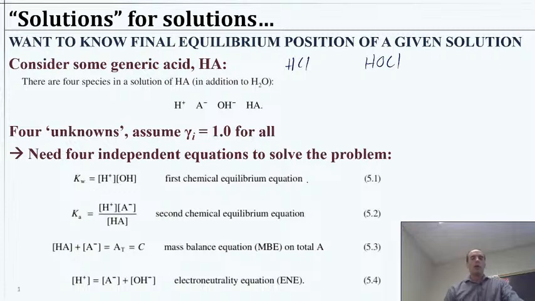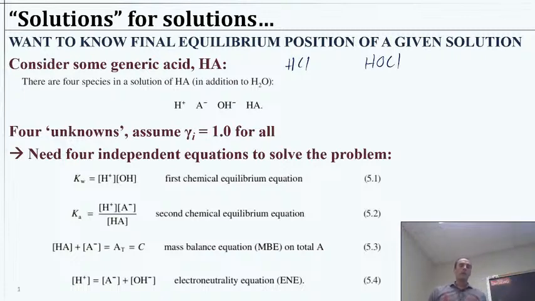So we know we have some K value for water, 10 to the minus 14, that describes that for water. So that's one equation. The second would be the Ka equation for our acid. Given some constant for our particular acid, that's another mass action equation. It's independent from the first one, even though it's the same type, because it's a different species, right? And we have a different K value.